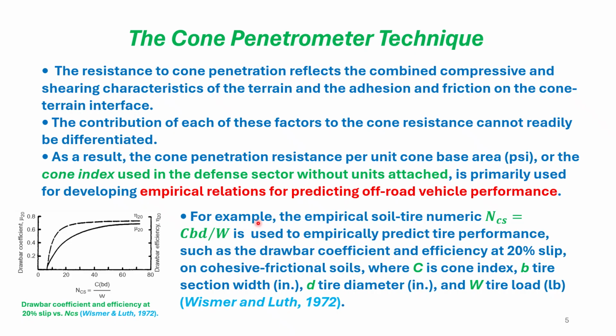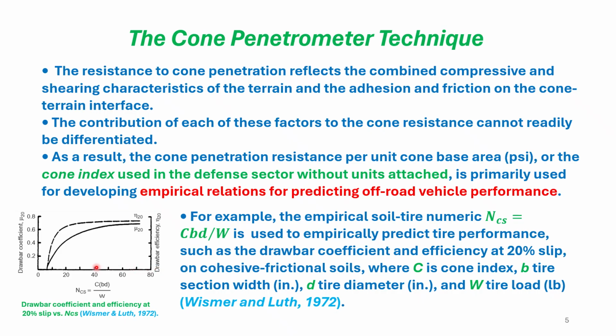For example, the empirical soil-tire numeric N_CS is equal to C, the cone index, times B, the tire width, times D, the tire diameter, over W, the normal load on the tire. It is used to empirically predict tire performance, such as the drawbar pull coefficient and drawbar efficiency at 20% slip on cohesive frictional soil.